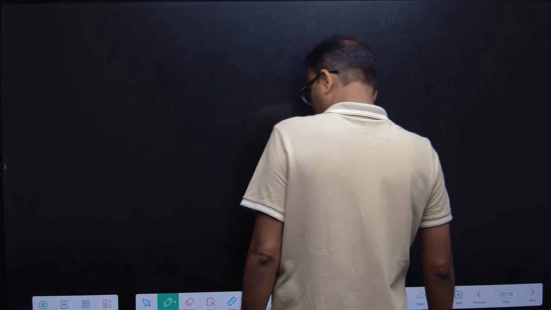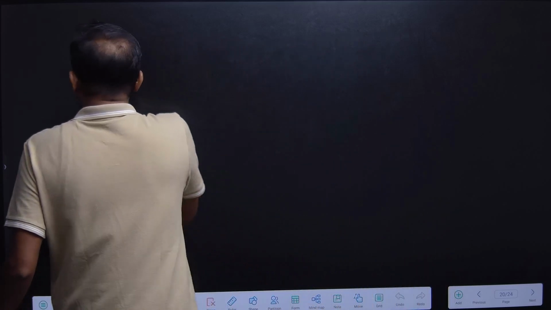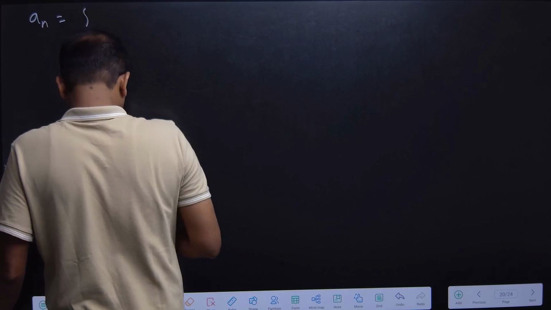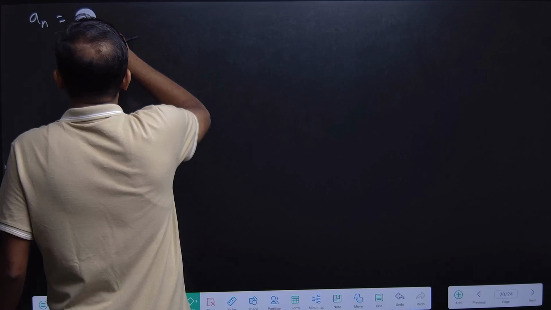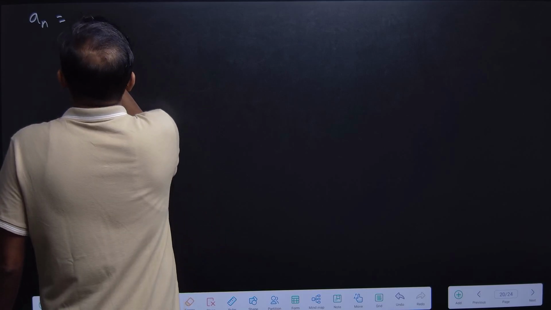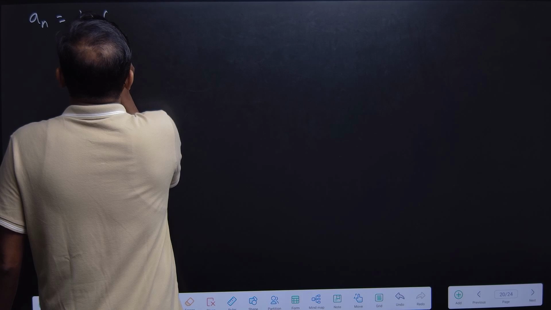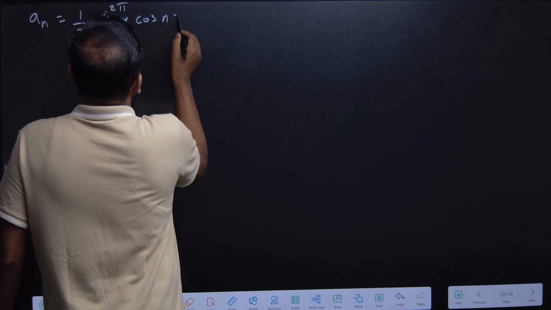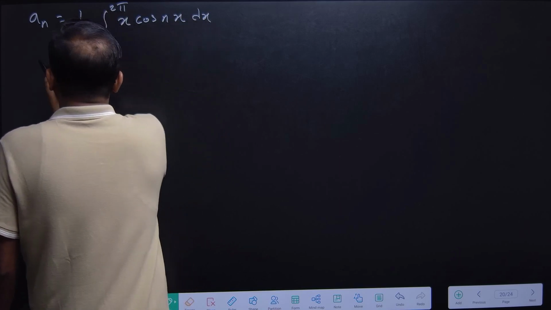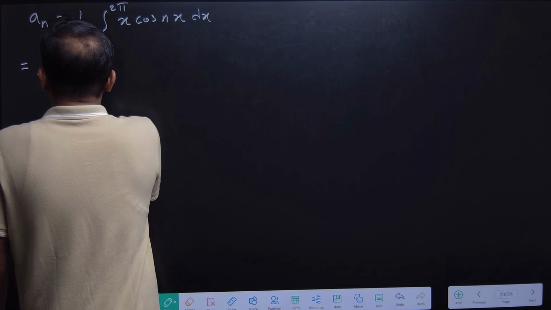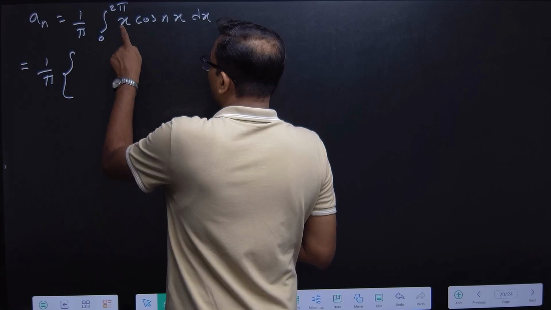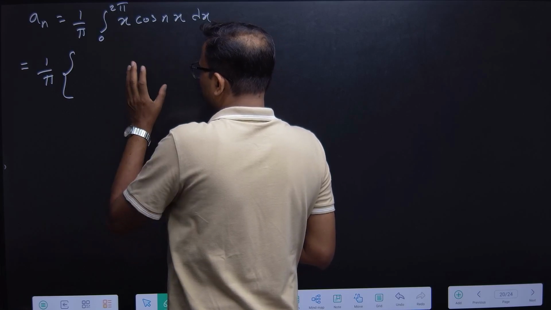Okay, so remember, we are finding the value of the integration with limit 0 to 2 pi of x into cos of nx dx. So see, this 1 upon pi we will write outside the integration as it is. For x into cos nx, we are applying the u into v formula.